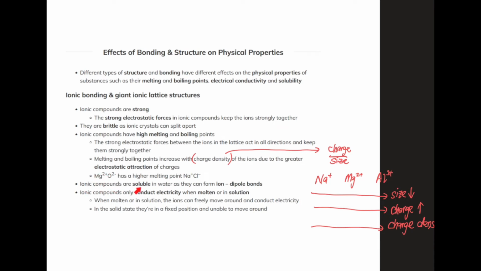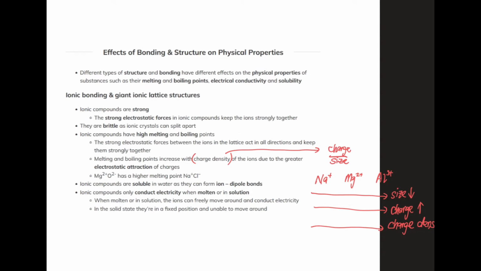And ionic compounds are soluble in water, as they can form ion-dipole bonds. So you just need to check whether they can form any force of attraction with water. If yes, then it is soluble in water.